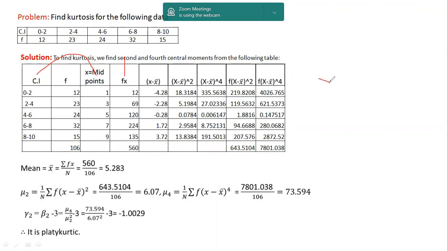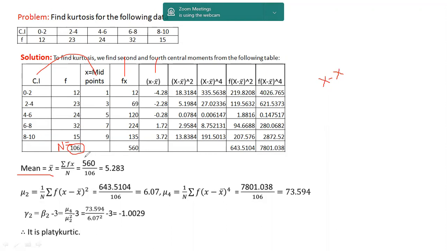Central moments are nothing but moments about the mean, which is x minus x bar, where x bar indicates the average value of x. So we are taking deviations with respect to the mean. For frequency data, x bar is the summation of fx by capital N. Here the sum of all frequencies, capital N, is 106, and the sum of x into f is 12 into 1 plus 23 into 3 plus 24 into 5 plus 32 into 7 plus 15 into 9.